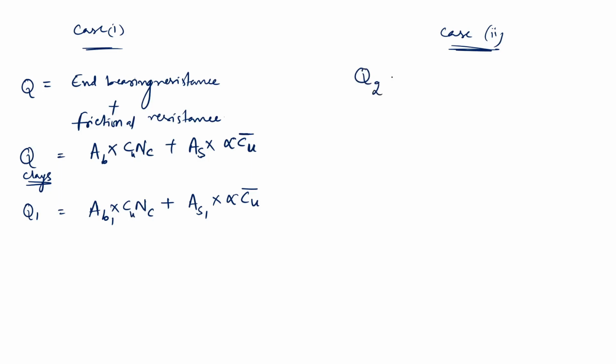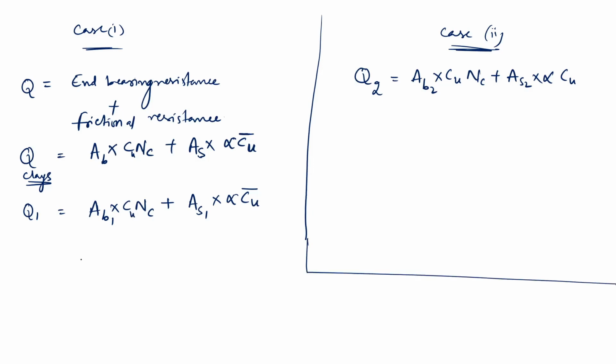Second case is Q2, so AB2 multiplied by cohesion is common, Nc is common, plus AS2 multiplied by alpha into Cu. Now keeping this, I just want to calculate what is AB1, then what is AB2, and AS1 and AS2, right?